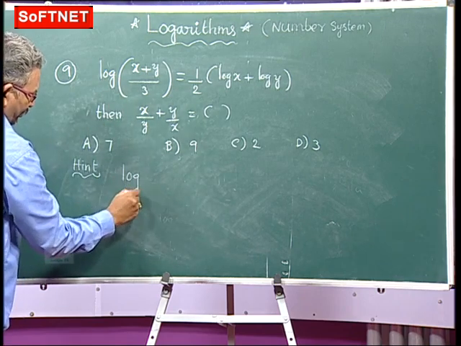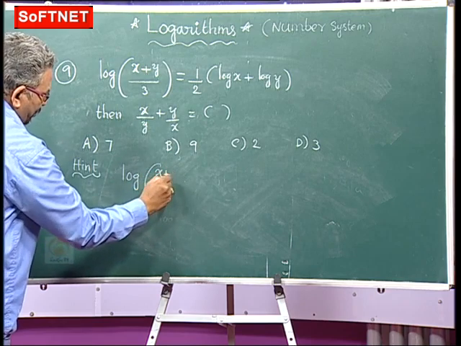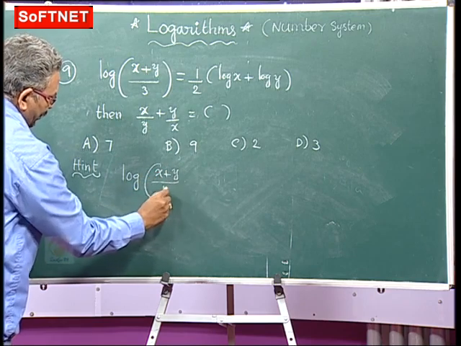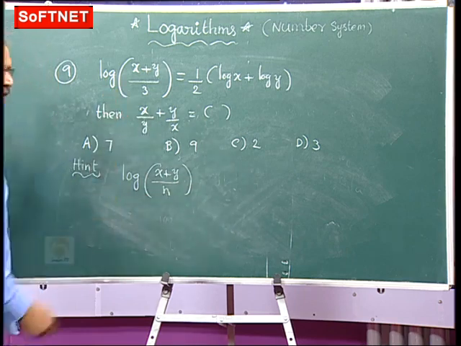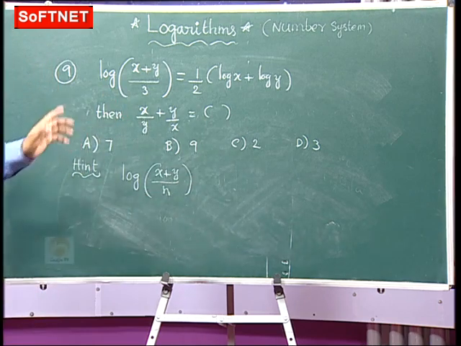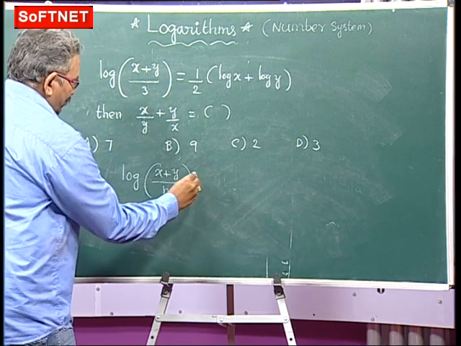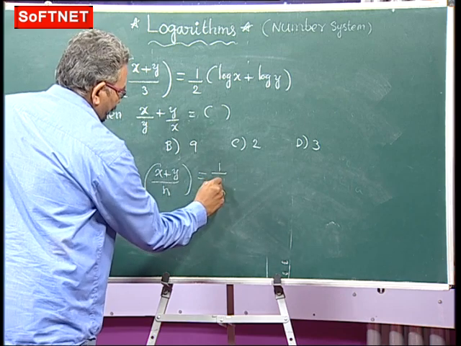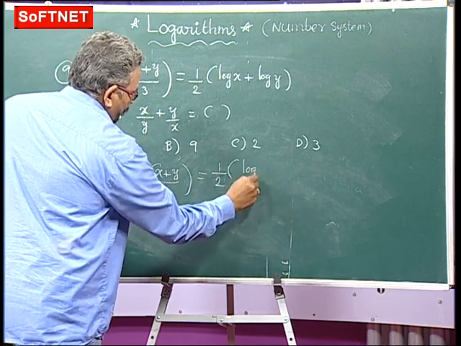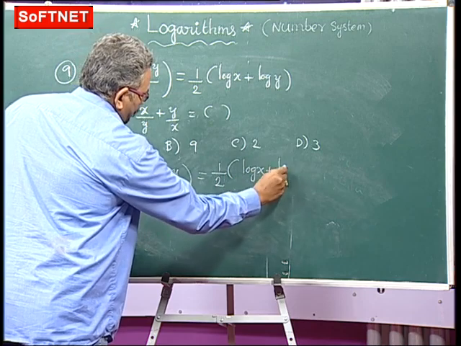Log of x plus y by n, where n may be any number here, 3 or like 5 or 7, is equal to one-half times log x plus log y.